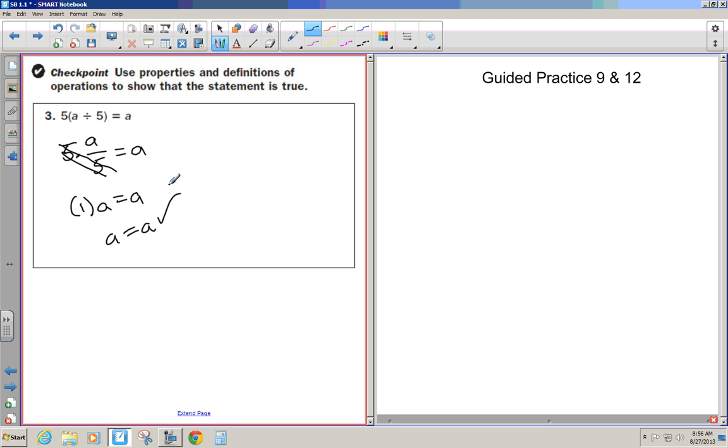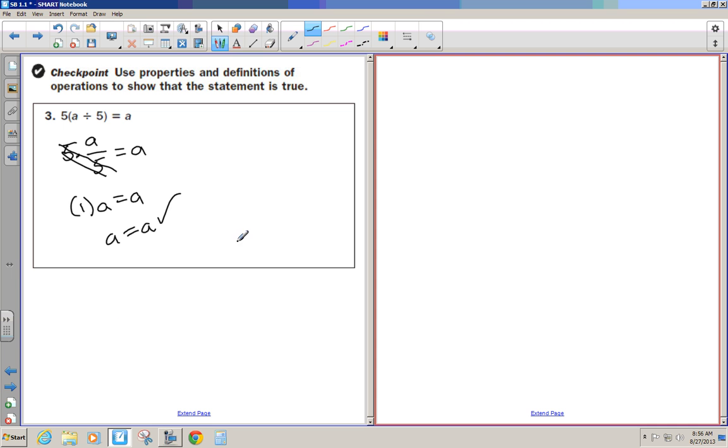All right. So that is pretty much it. You have quite a few more guided practices to do, but we're going to look at something called unit analysis.